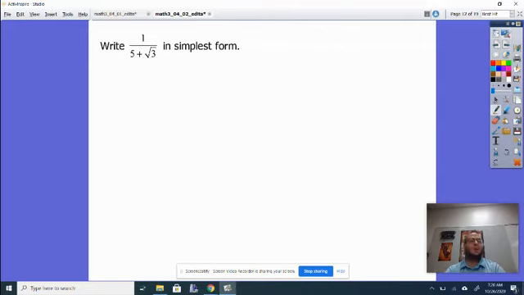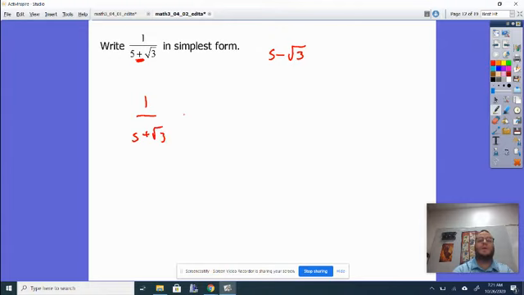So I'm going to use what we call the conjugate of this radical. So like I have a plus here, a conjugate is going to be 5 minus square root of 3. So I've got 1 over 5 plus the square root of 3. I'm going to multiply that by its conjugate on both the numerator and the denominator.